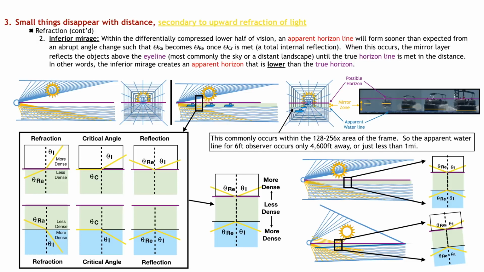So the apparent water line, if we're doing that from a 6-foot observer, is less than a mile away. Again, the apparent water line is actually very close. It's not the true horizon line, which would be another 2 miles beyond that point, at 3 miles.